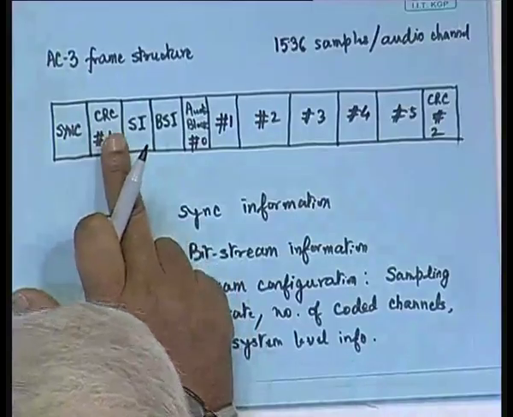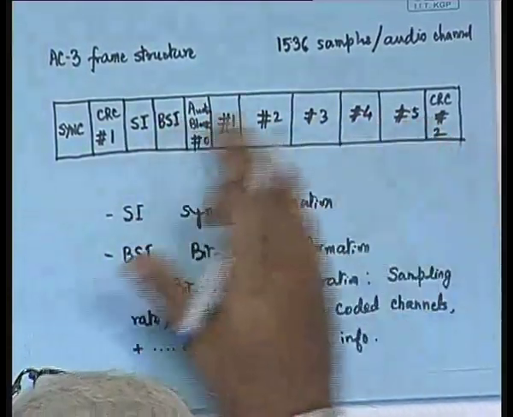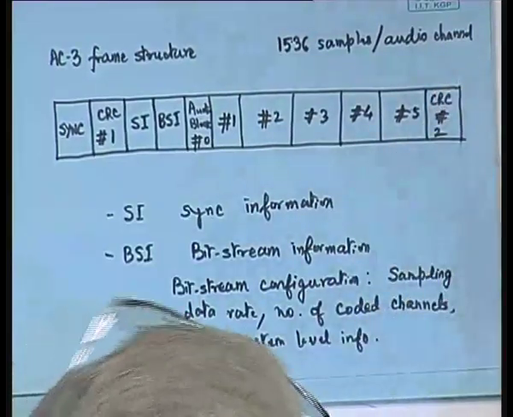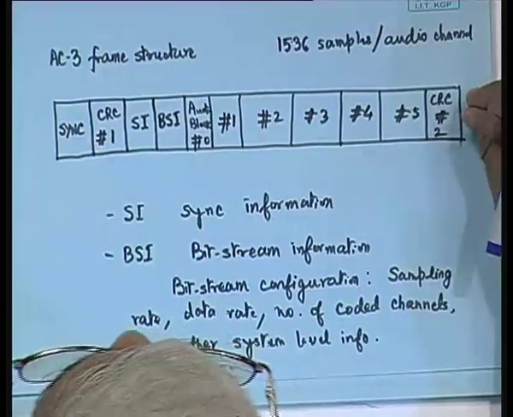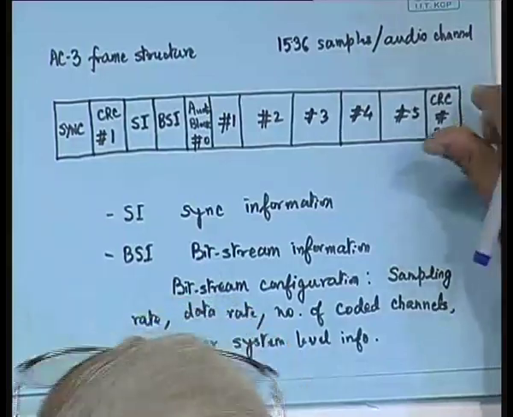If you look at the AC3 frame structure, it is the CRC1 followed by the synchronization information, followed by these blocks, and the last one is the CRC2 information. So it leads us to think that only after we receive CRC2 should we start the decoding, but that is not mandatory.